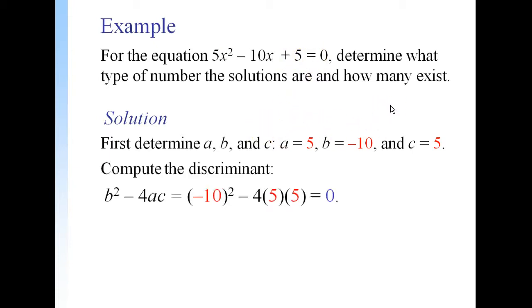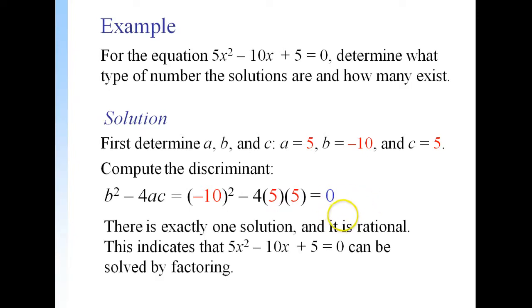Put them into the discriminant, and here it's going to equal 0. Having it equal 0 means there's just going to be, well, actually there's 2, but in a sense 1 that are the same as answers to your quadratic formula.